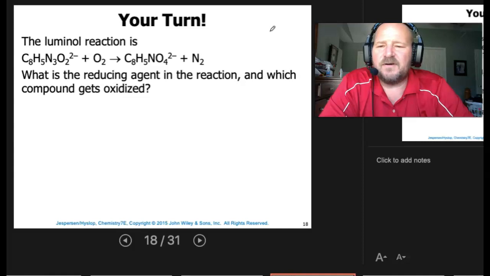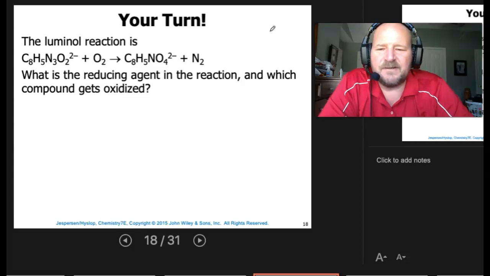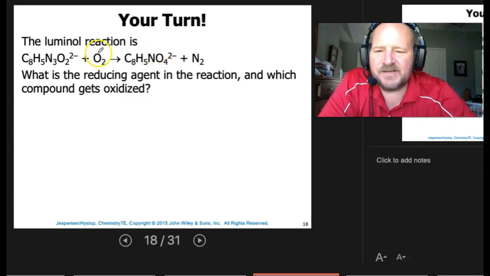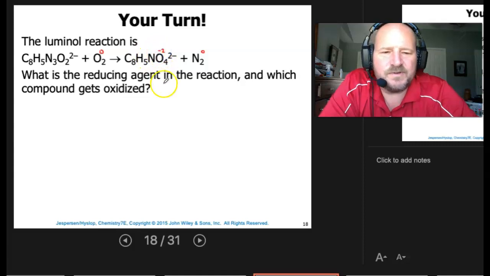All right, so when we look at this luminol reaction, what is the reducing agent in the reaction and which compound gets oxidized? All right, so which one gets oxidized? So in this one we have oxygen as a 0. Here we have nitrogen as a 0. Here, since this is not a peroxide, we know these oxygens all have to be -2. So we kind of know who's getting reduced, right?